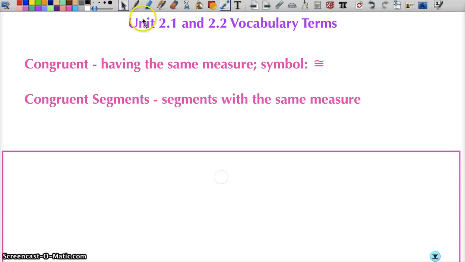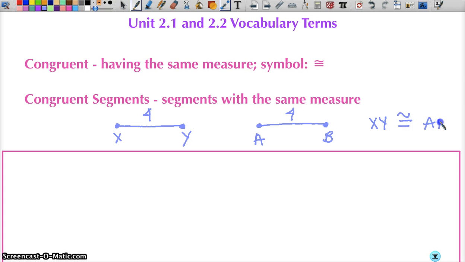So if I were to give you this segment here and say this is XY and it's 4, and then this is AB and that's 4, then we can write that XY is congruent to AB. And they're segments, so we'll throw this segment line. So that's what you would do to say that they are congruent. All right, so there's that.